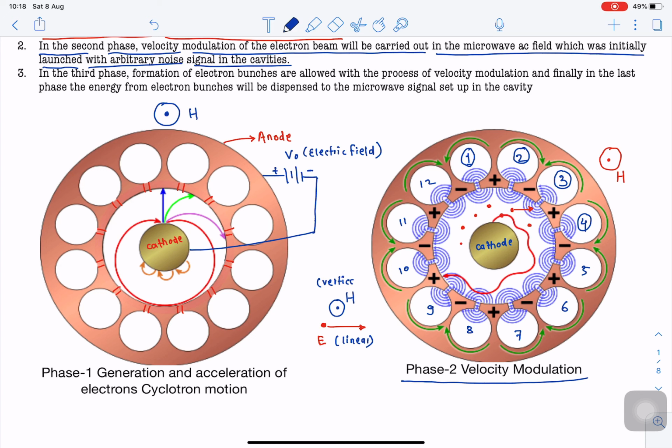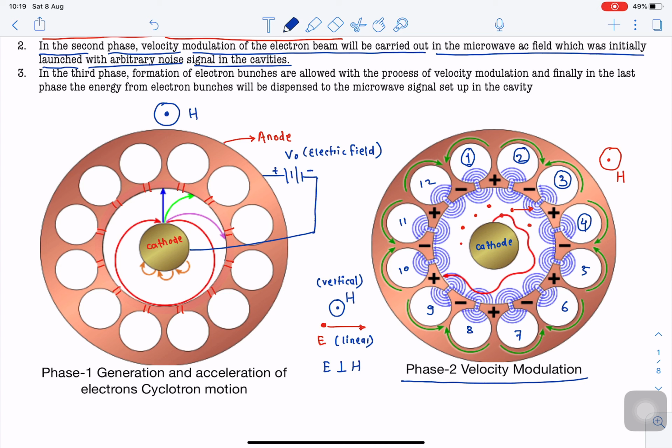These two fields are oriented perpendicular to each other, so the electric field is perpendicular to the magnetic field. How are these two fields going to affect the motion of the electron? In the absence of the vertical magnetic field, the electron will move straight towards the anode and get absorbed by the anode.